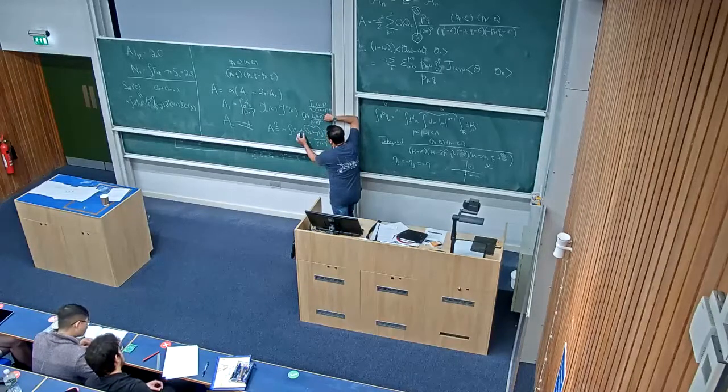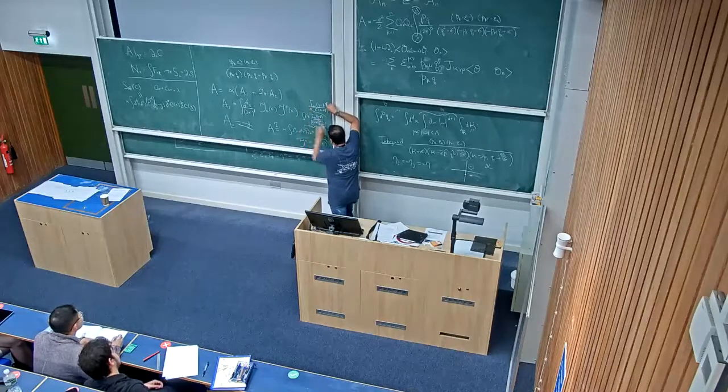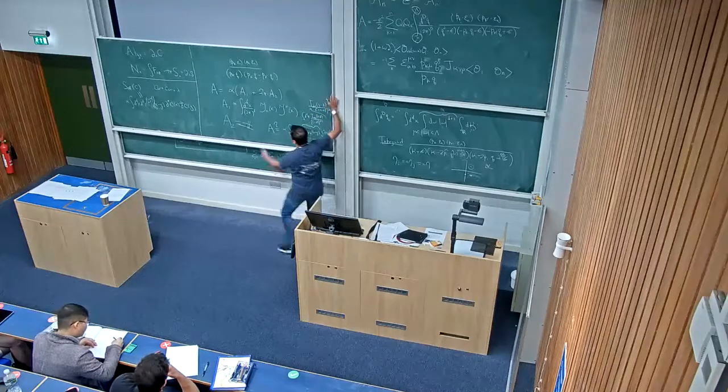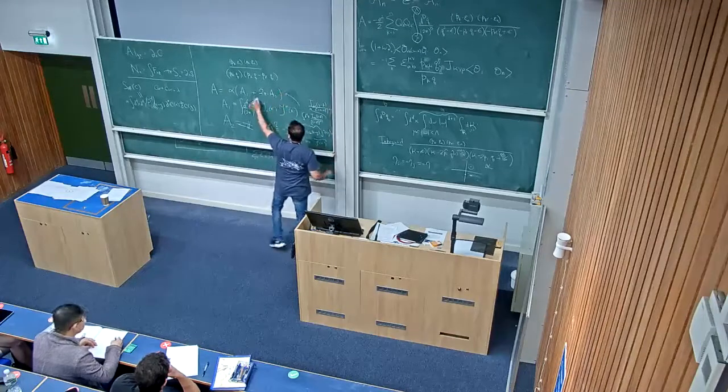And then this integral over y, this factor, and this j will also give us a shadow transform. And then the final answer will be exactly that. Will be exactly this.